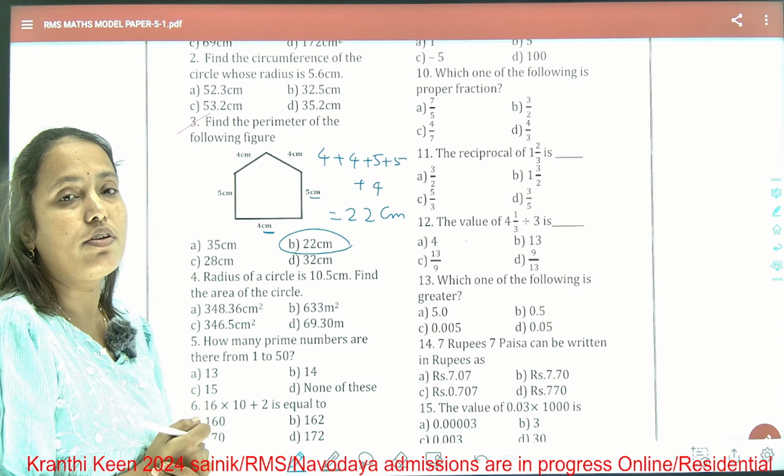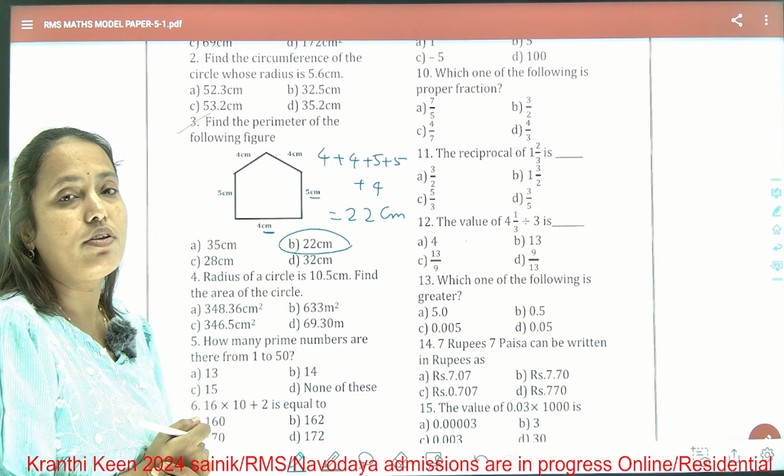One more. This is a very important question in decimals. In decimals they compulsorily ask which is the greater and which is the smaller. Which one of the following is the greater? Here they asked: 5.0, 0.05, 0.5, 0.005.